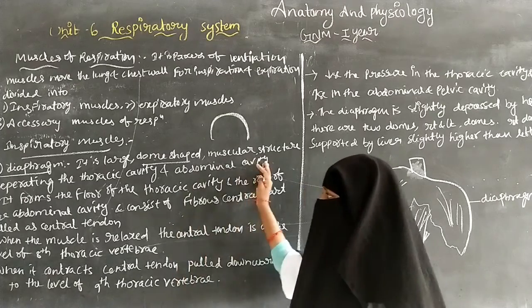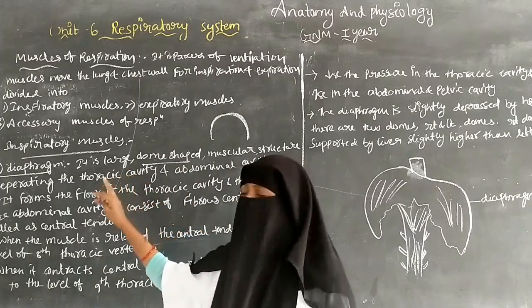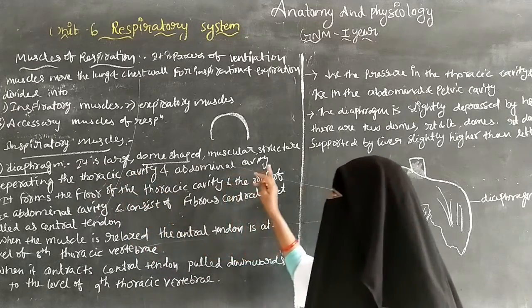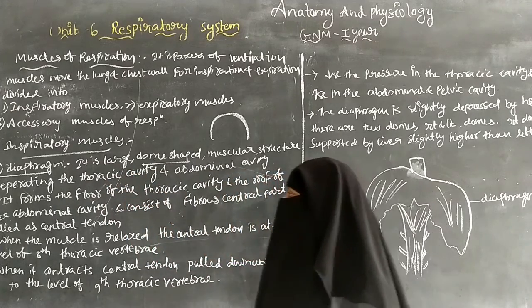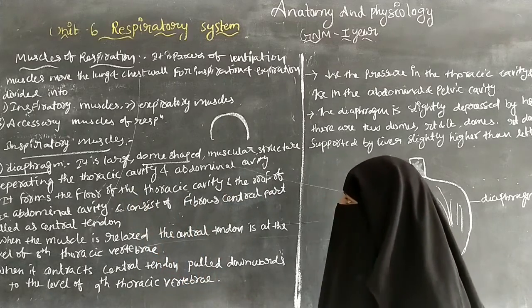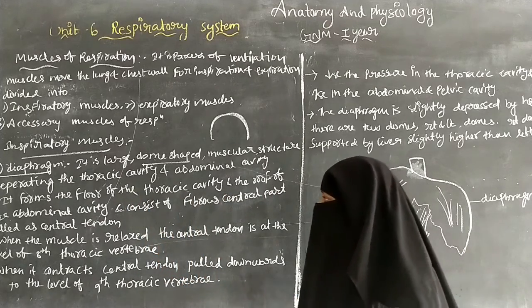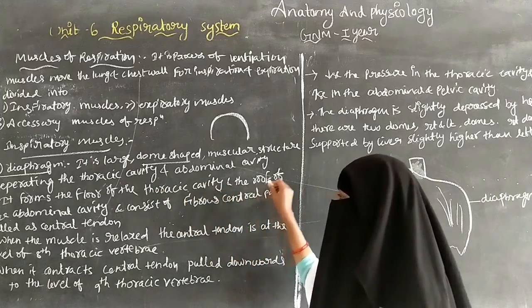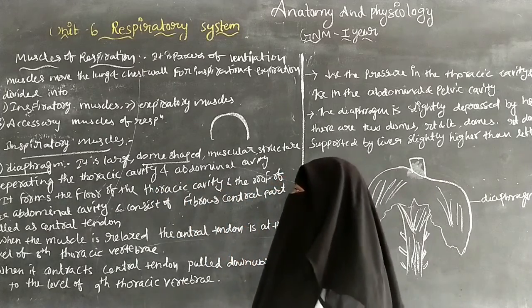This muscular structure forms the floor of the thoracic cavity and the roof of the abdominal cavity.